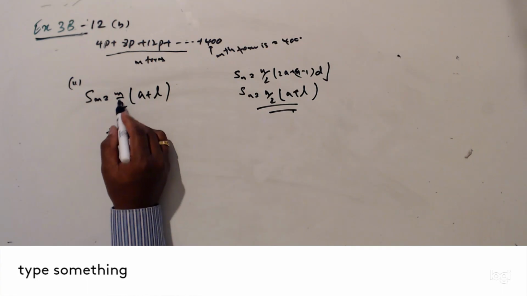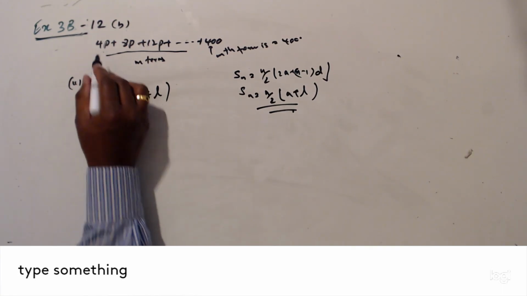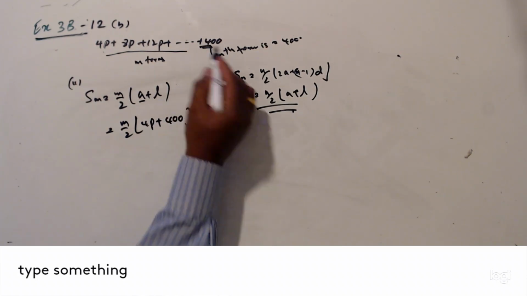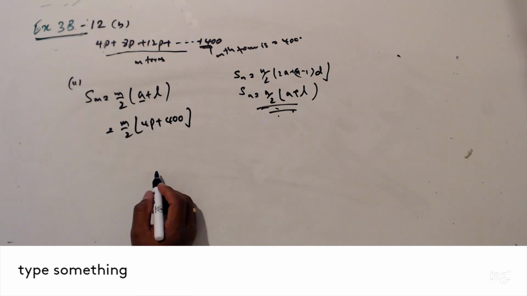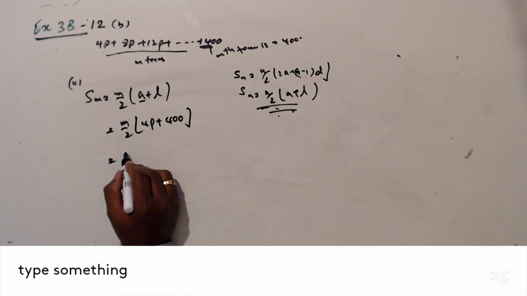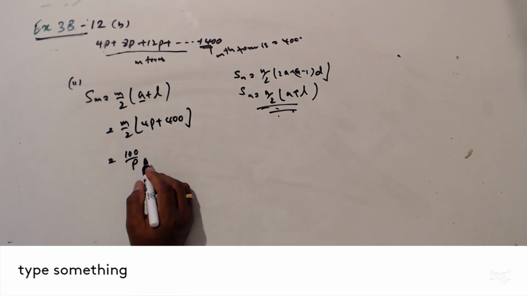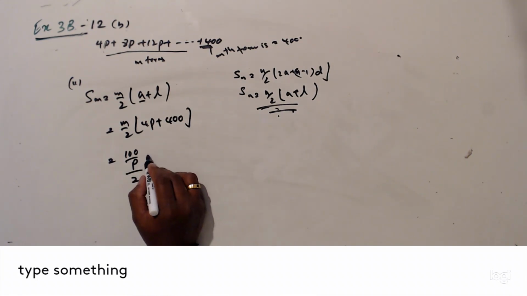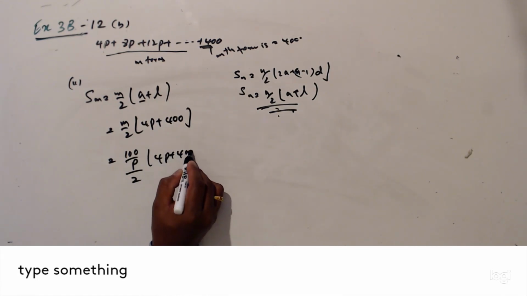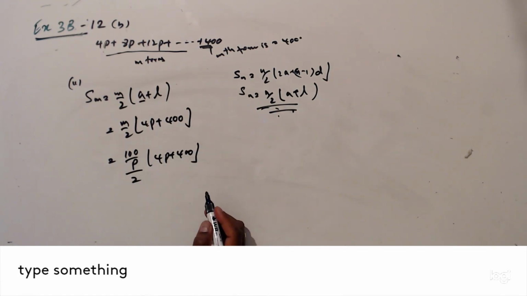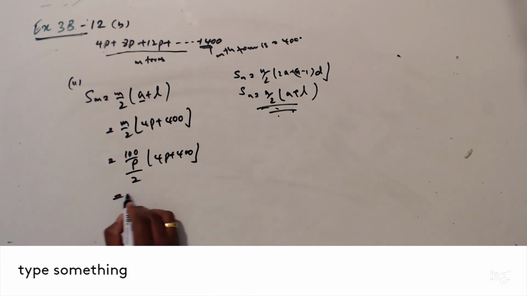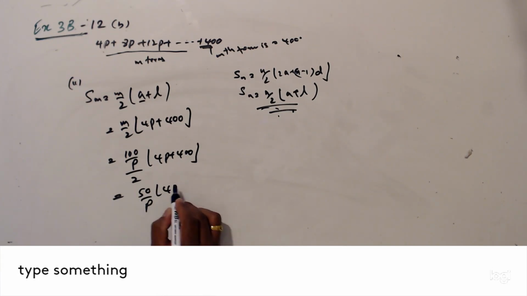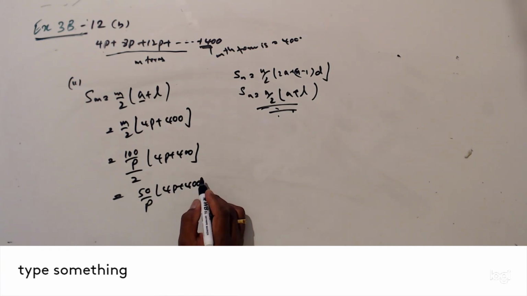A is 4p and l is 400, because we know the last term, that's why I use this one. And m we know is 100 over p, over 2. So (4p plus 400).